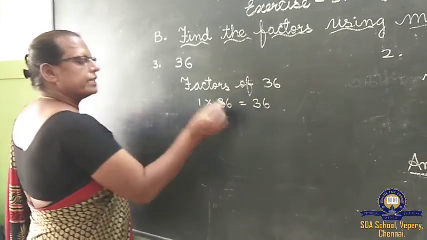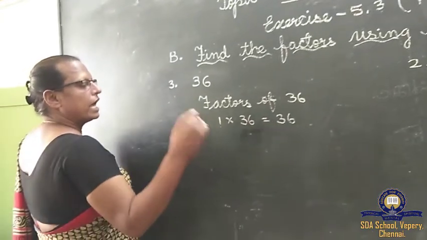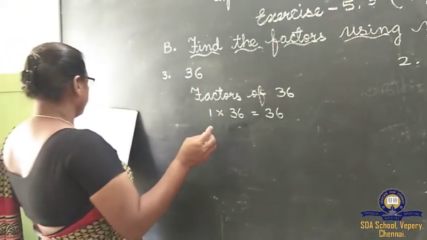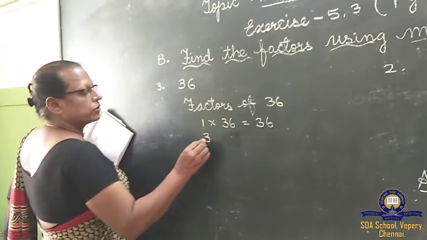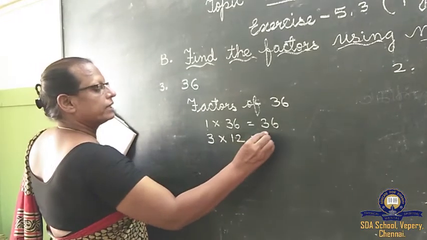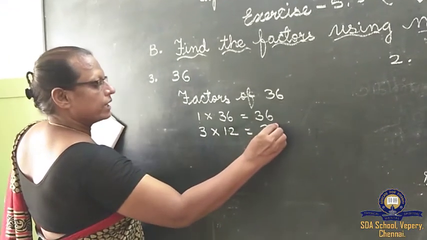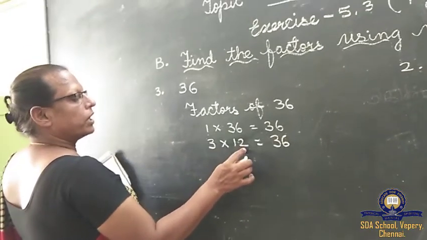When you write 36, one 36 is 36 only, so it goes in both tables. And then, does it go in the 2 table? No, in the 3 table it goes: 3 12s are 36. So in the 3 table it goes, and in the 12 table also it goes.